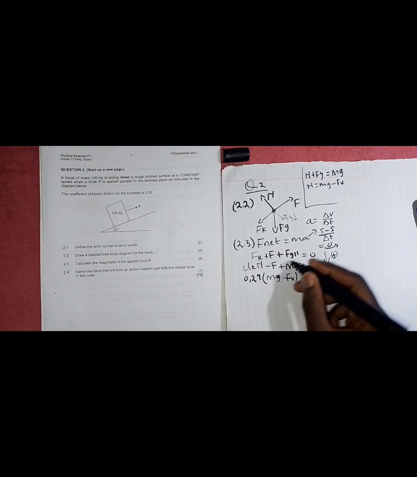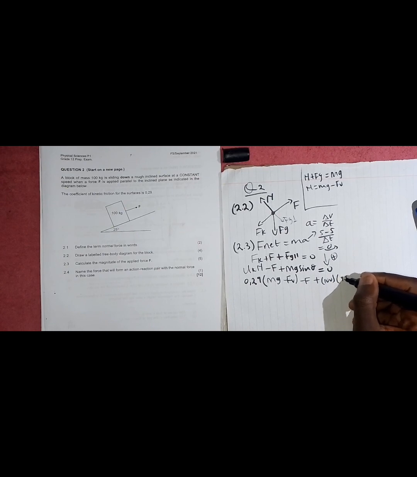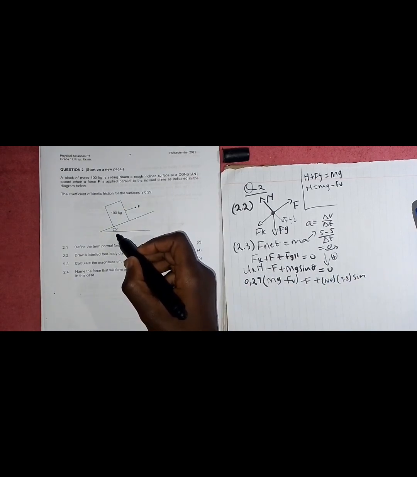Normal force is going to be mg minus the force that is vertical, minus our force over here, plus what is our mass? Our mass is 100. Our g is 9.8. The sine of 25 degrees is equal to 0.29. Let's just not multiply at this point. 0.29 into, what is our mass?